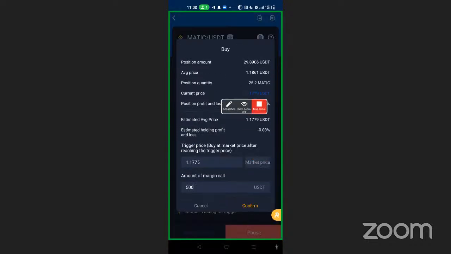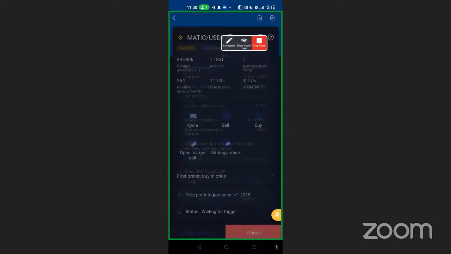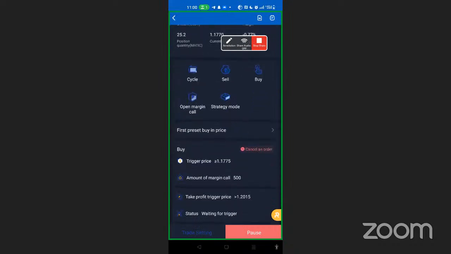When I confirm this, I'm going to get a manual buy order on my account. I'm also going to go back on sell and show you that you can create a sell order.